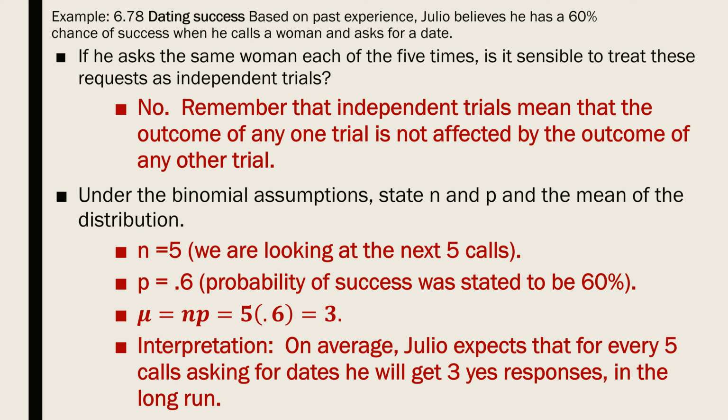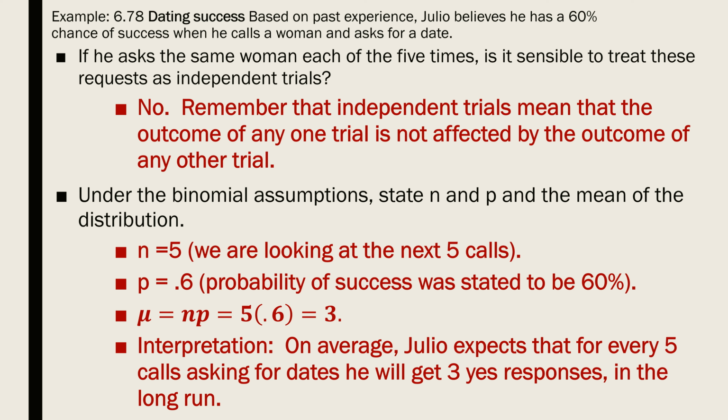If he asks the same woman each of 5 times, is it sensible to treat those requests as independent trials? Of course, it's no. Remember that independent trials means the outcome of any one trial is not affected by the outcome of any other trial.